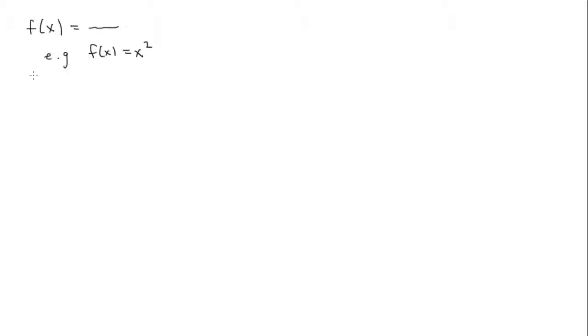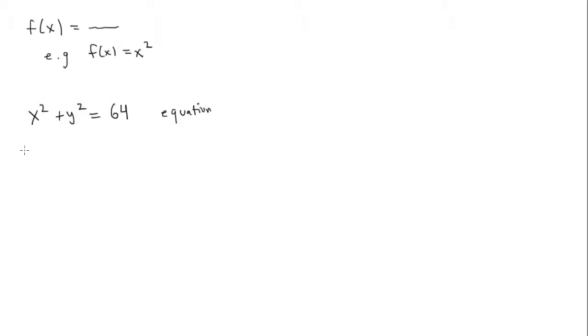Okay, so the example that we'll consider is, we'll start with an equation like this. Okay, so this is an equation. Now, this might describe a function, and it might not, but there's no obvious way to tell right this instant whether or not it does.